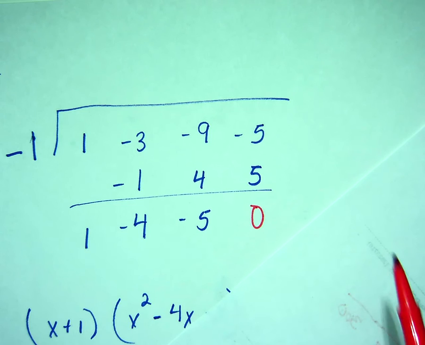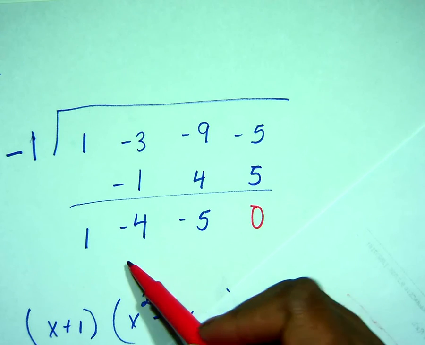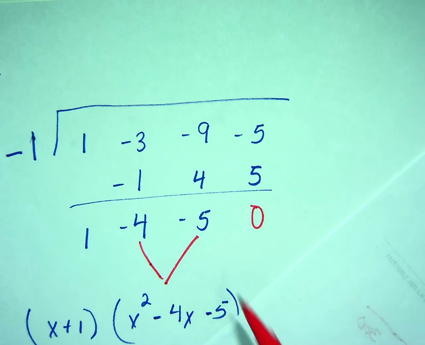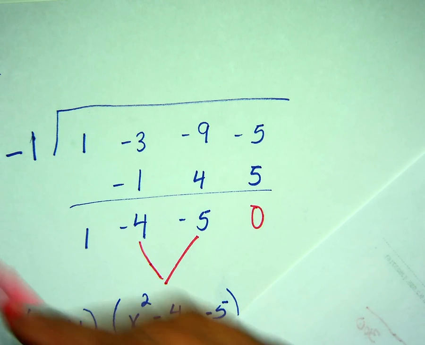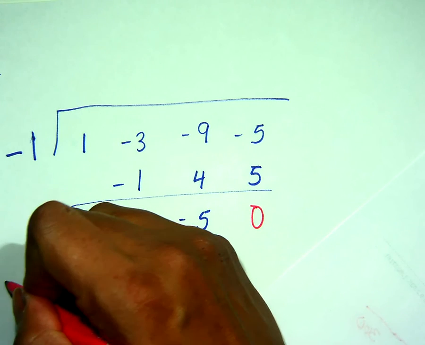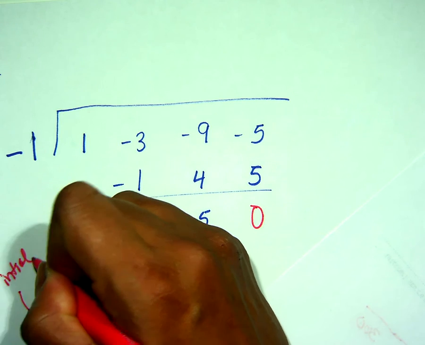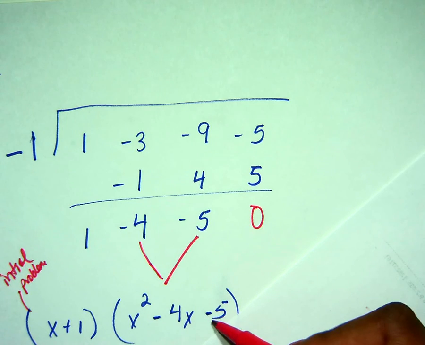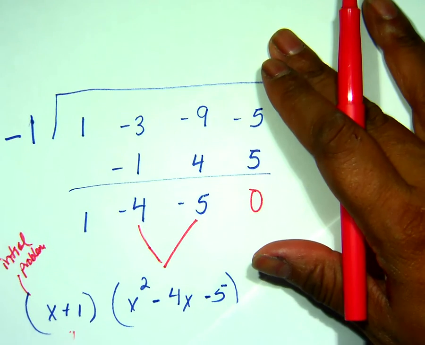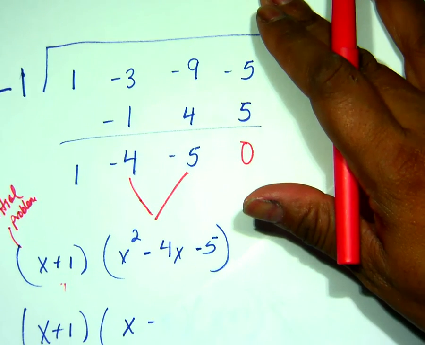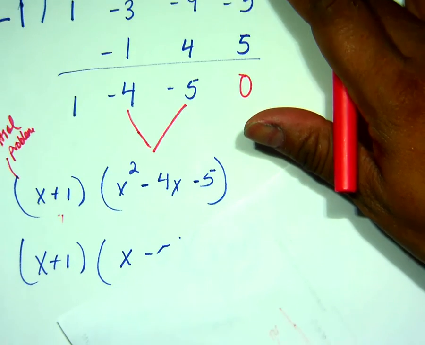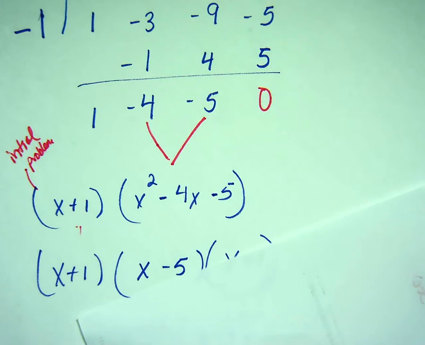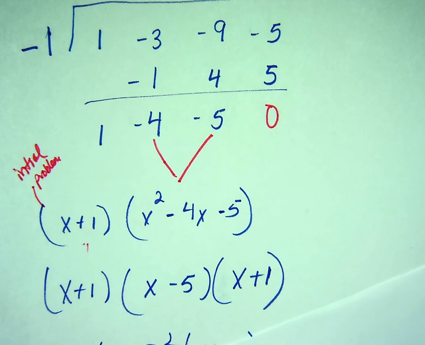So I'm going to rewrite this part right here, which is your x squared minus 4x minus 5. This part right here came from the initial problem. That was actually in the problem given to you. Now we're going to factor this out. So we know that 5 is a prime number, so it only has two factors, one and itself. Notice how your middle term is negative, so therefore you're going to have x minus 5 and x plus 1.